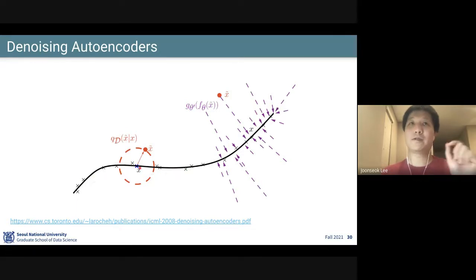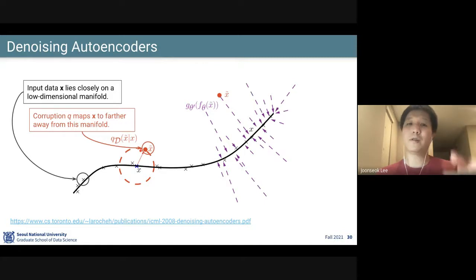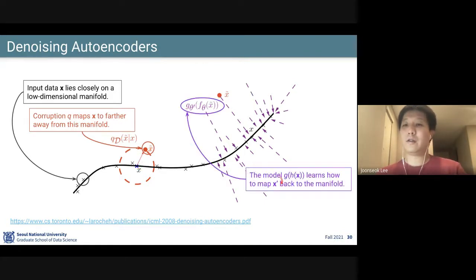But if we add noise like salt and pepper noise, it will move these data points slightly farther from this black line. So the input data X lies close to this manifold, and some corruption moves it to some other point far away. Then our model learns how to map this back to the image, because we compare against the actual image, not the corrupted image.